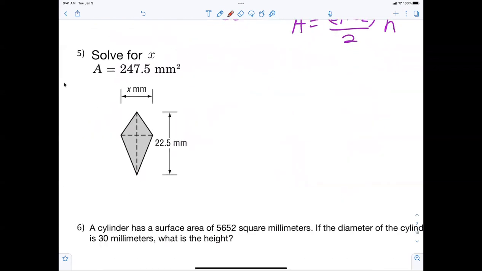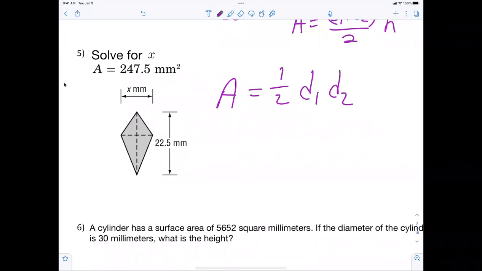Okay, the area of a kite is what? Anybody remember? Tell me. That's right, 1/2 diagonal 1 times diagonal 2. All right. So 247.5 is equal to 1/2 D1 times 22.5.